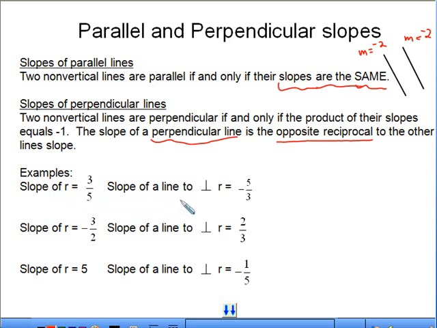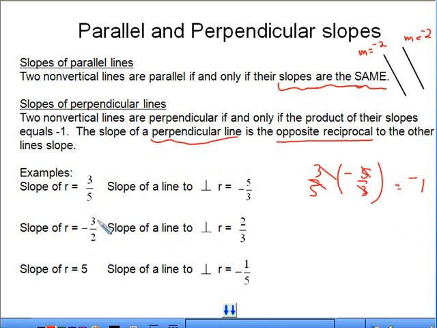The slope of the line perpendicular to this line is going to be the opposite, so positive becomes negative, and then the reciprocal, so you flip this: -5/3. And you notice if you multiply 3/5 and -5/3, everything cross cancels and you end up with -1, which was in the definition.